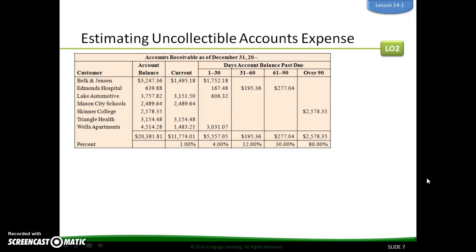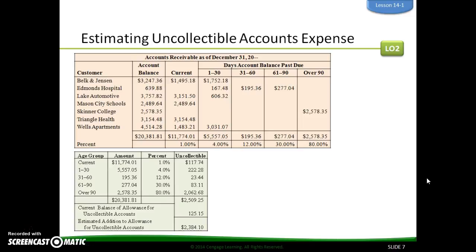But then you can see that things over 90 days old, we're anticipating that we might have to write off 80% of that debt. So what happens here is that we run some numbers and we calculate what's 1% of our current, and 4% of the 0 to 30, 12%, and then 30%, and then 80%.